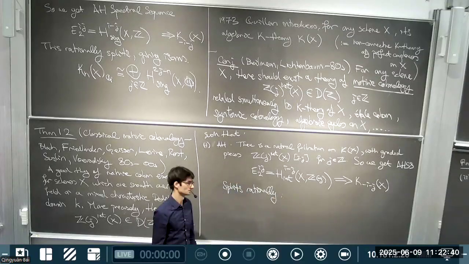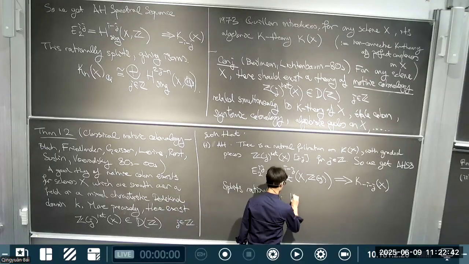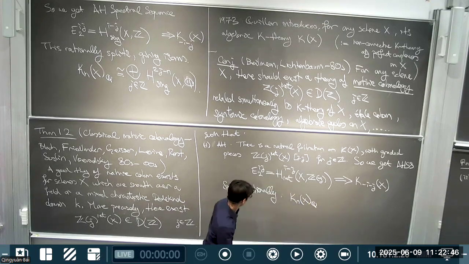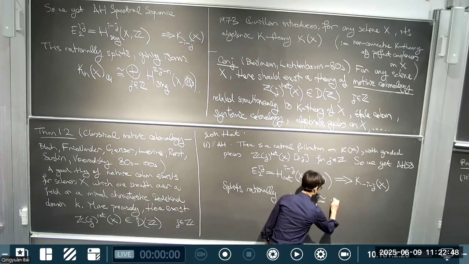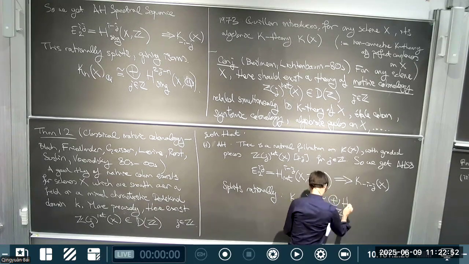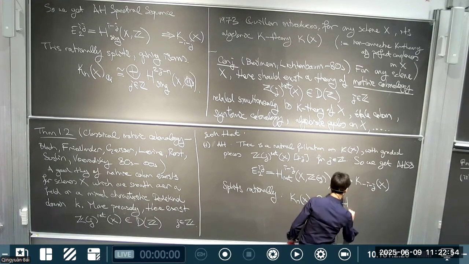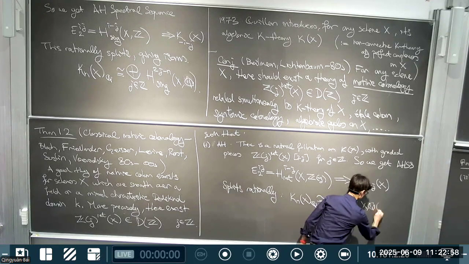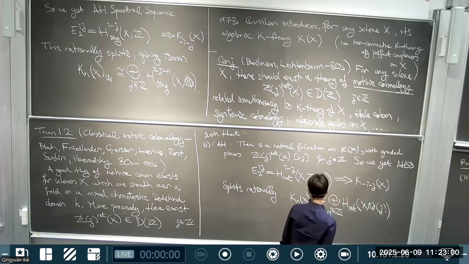And again, everything splits rationally, and so we obtain, for example, the rational algebraic K-groups of X decomposed into a direct sum of various rational motivic cohomology groups.